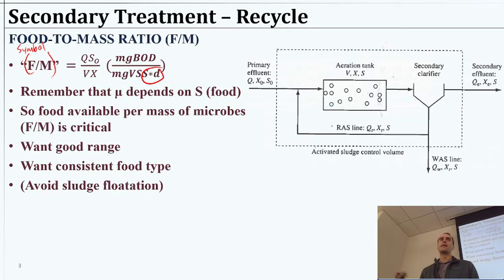Okay, so this is a rate of the amount of food the bacteria have in ratio to how much bacteria there are. So that's typically in days. So I'll say this is a daily food to mass ratio in some sense.